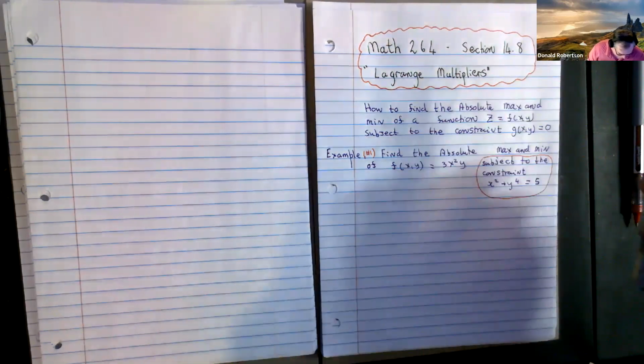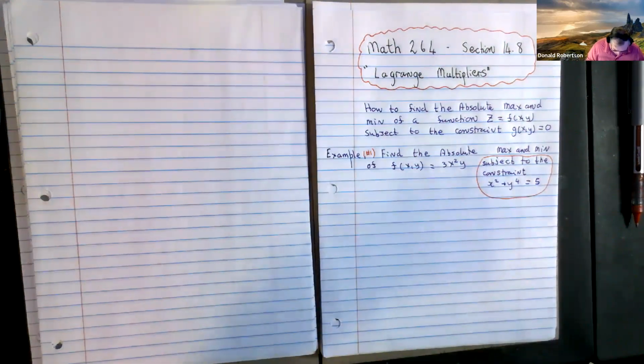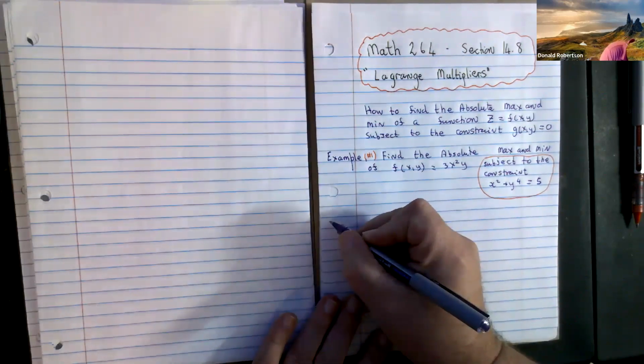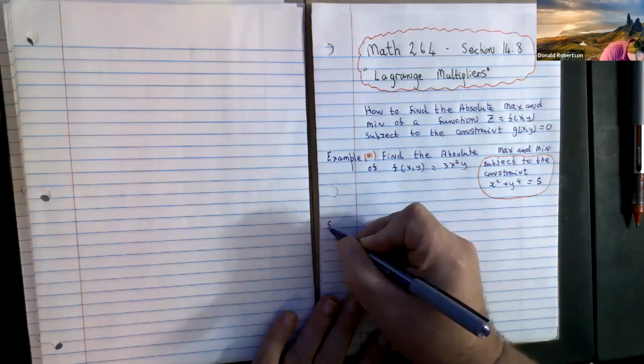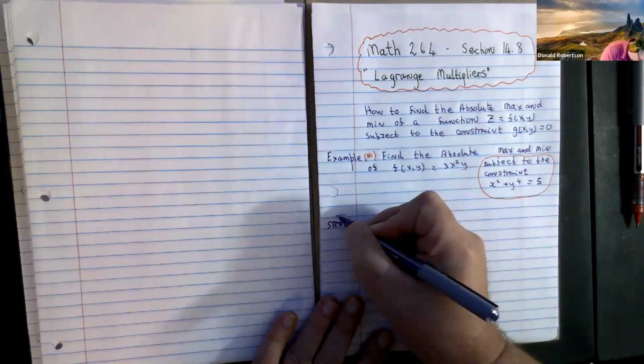And Lagrange multipliers were created by this guy, Lagrange. It gives us a method of doing it. So let's put you right into the puzzle. Step 1.